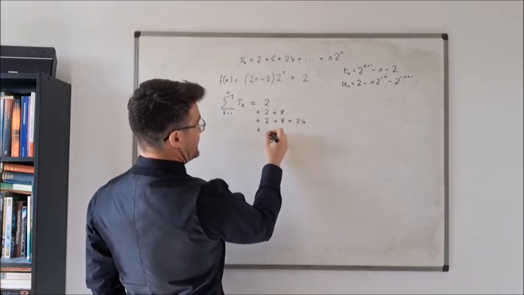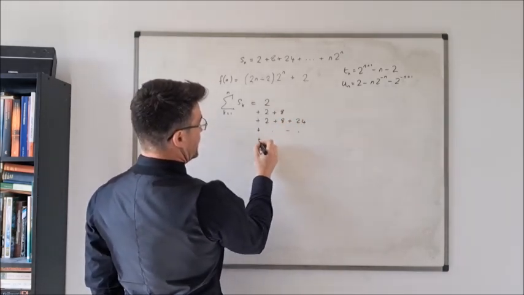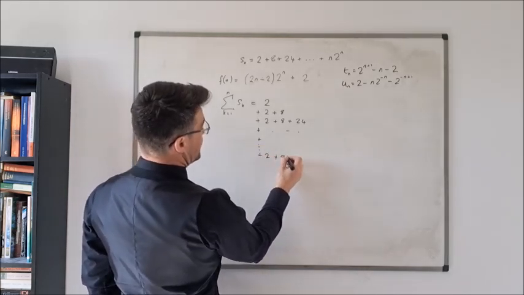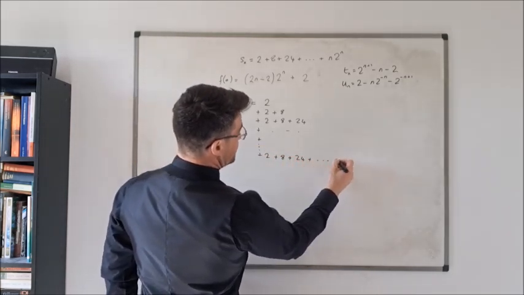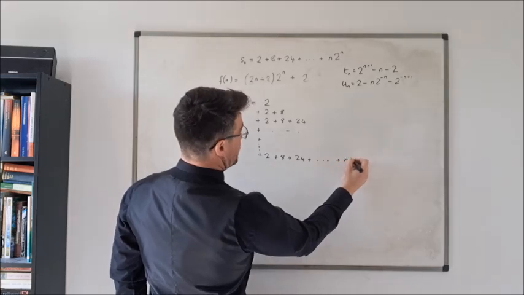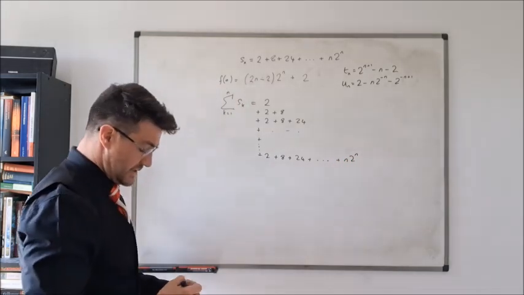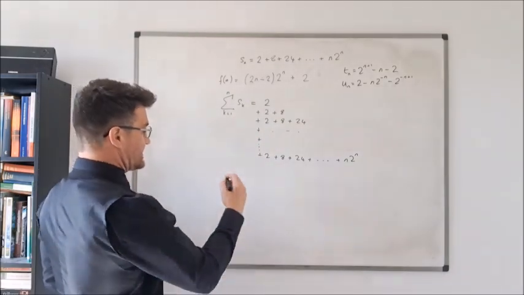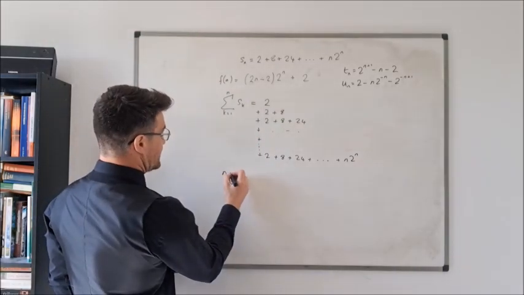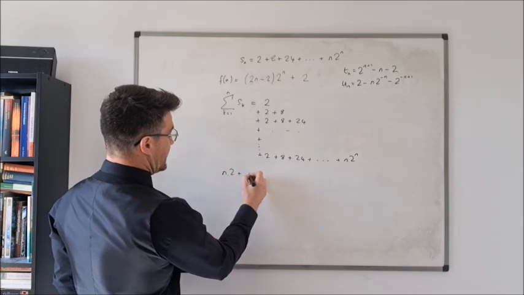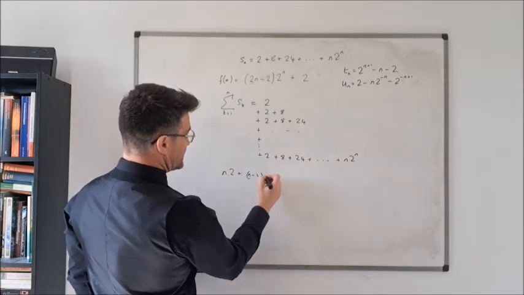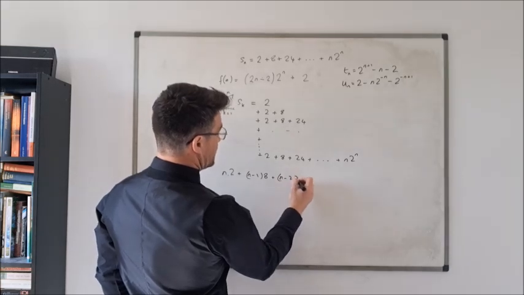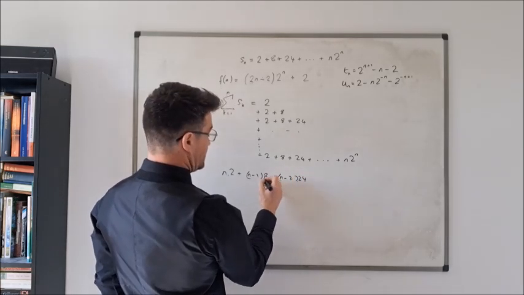And then we've got S4, and if we continue this, we get to Sn, which is going to be 2 plus 8 plus 24 plus, and eventually we get to n times 2 to the power of n. So what I noticed was that there's going to be n 2's that we add together, so n times 2. And then there's going to be n minus 1 8s. Then there's going to be n minus 2 24s.